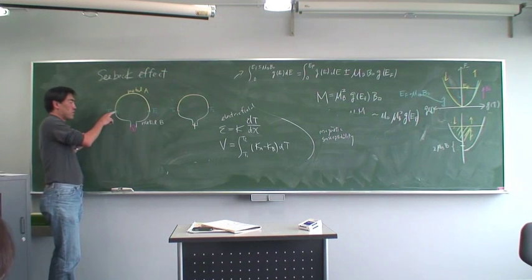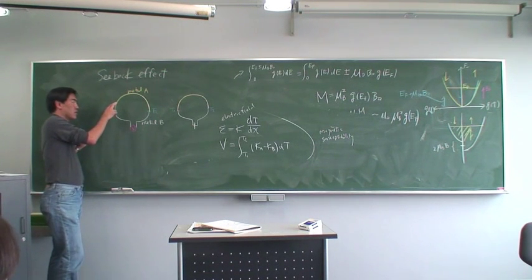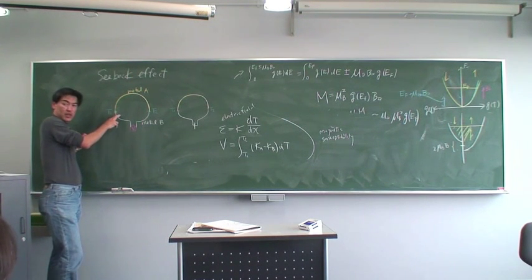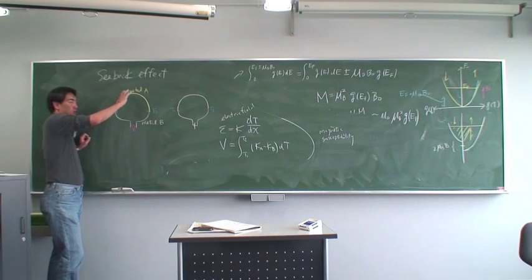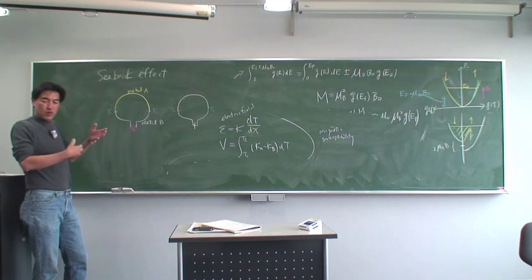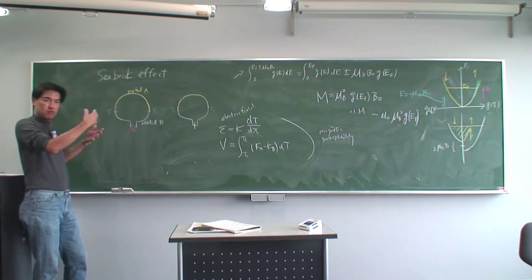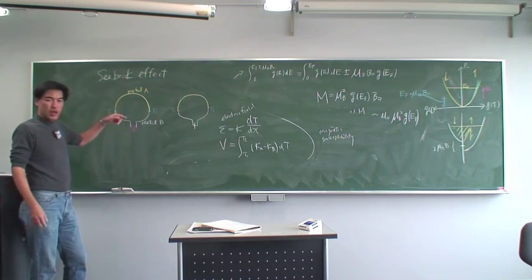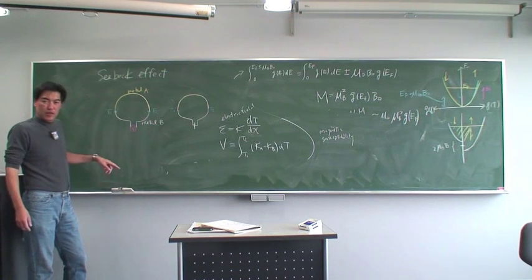So maybe for a given temperature, electrons on one side have more energy than the electrons on the other side, because of the difference in specific heat. And they have to distribute themselves by diffusion. So electron diffusion means electric current. And that's how you get voltage here.